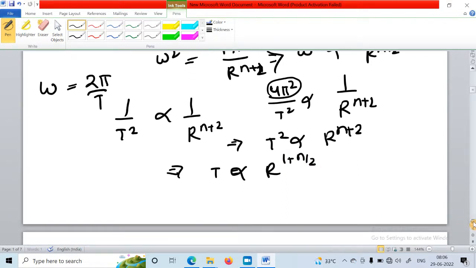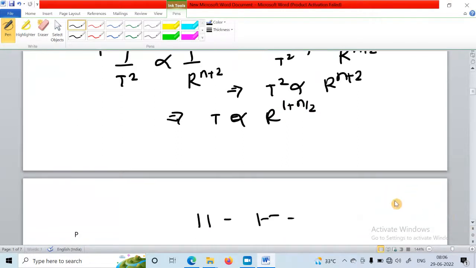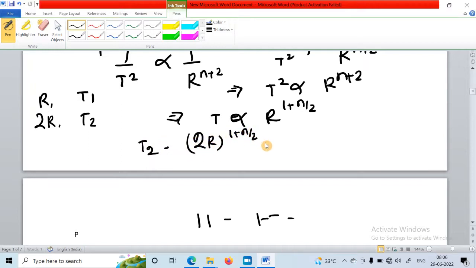Now in the question it is given that when the radius is R, the time period is T1, and when the radius is 2R, the time period is T2. So T2 will be proportional to 2R to the power 1 plus n by 2, and T1 will be proportional to R to the power 1 plus n by 2.